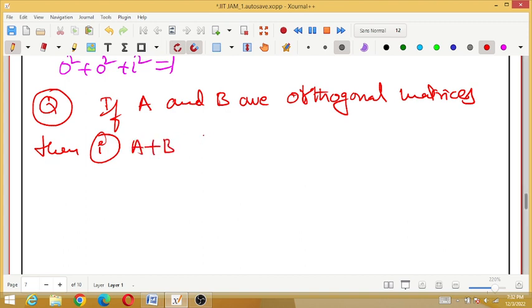A plus B, what will happen? Is it orthogonal or not? Number 2, the product AB of the matrices, is it orthogonal or not?